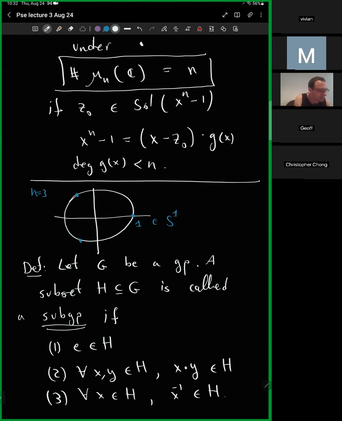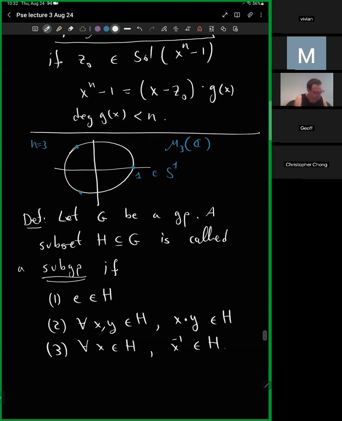So I claimed that mu3 in this example of C is a subgroup. We denote H smaller or equal to G. This is our notation for a subgroup. And I claim what we discussed just a minute ago is that we have a subgroup of S1.